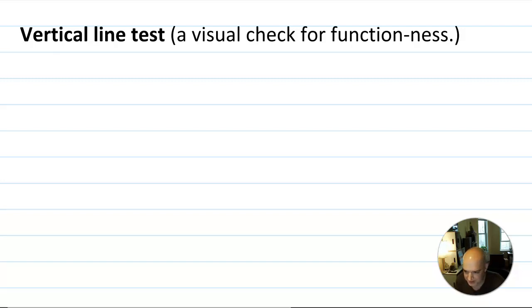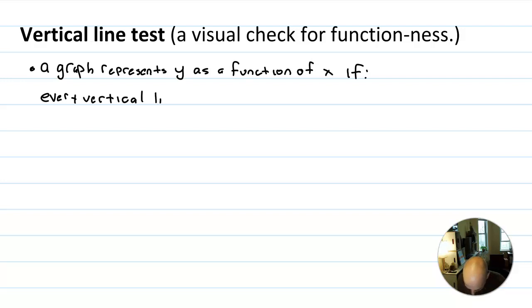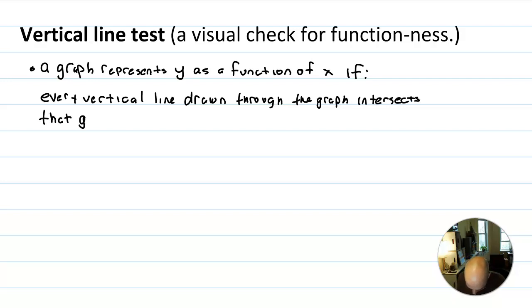So what is the vertical line test? Well, let's say this: a graph represents y as a function of x if every vertical line drawn through the graph intersects that graph only once.